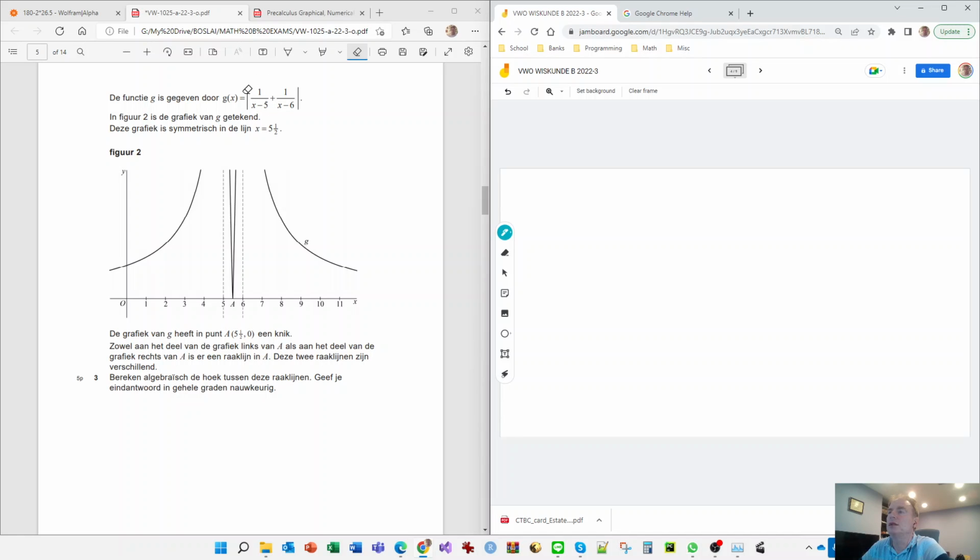And then you get what I call a knikpunt in the function. Basically, the function is continuous in a, but the derivative isn't.